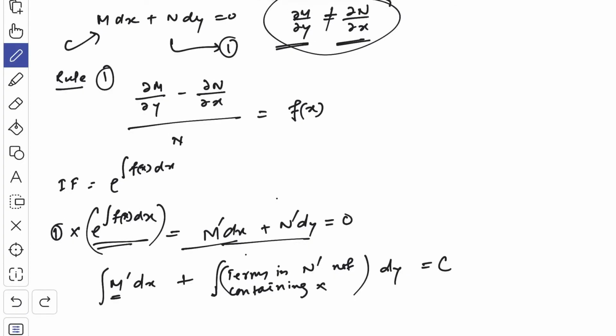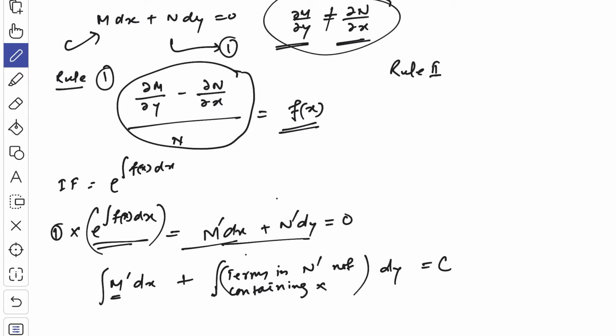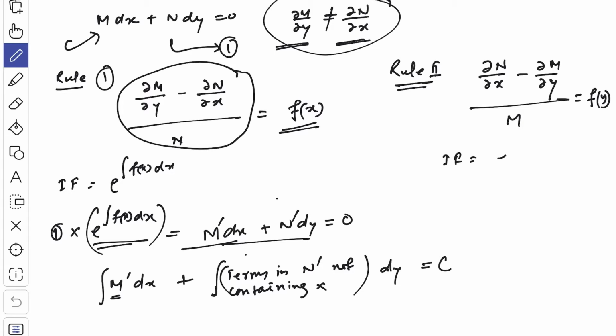Now you see, in all cases you cannot express this expression in the form f of x, as a function of x. So in that case, rule number 2: we will find ∂N/∂x minus ∂M/∂y and divide this by M. Then we will get a function of y, and our integrating factor will be e to the power integration f of y dy.